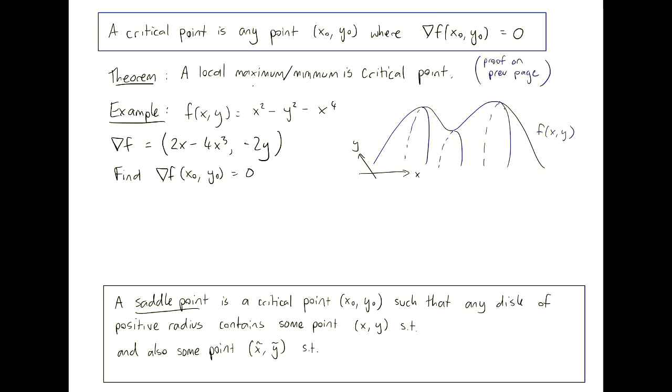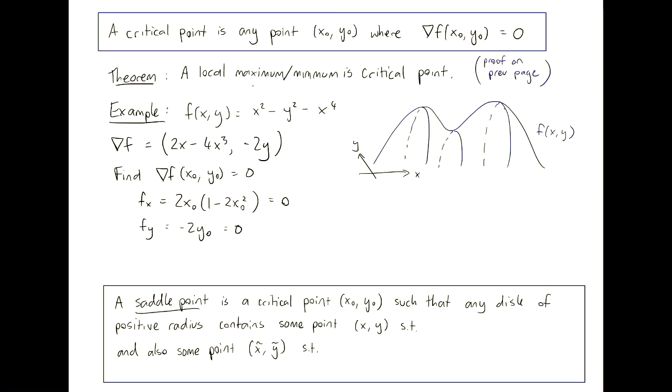Let's see how that shakes out. f_x has been calculated as 2x, I'm going to write as 2x naught times (1 minus 2x naught squared). And I'm going to say f_y at x naught, y naught is minus 2y naught. So f_x equals 0 and f_y equals 0.